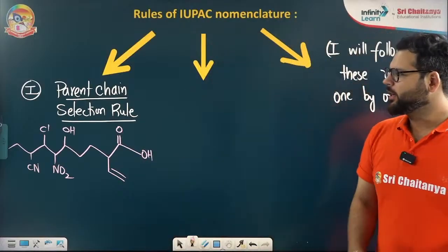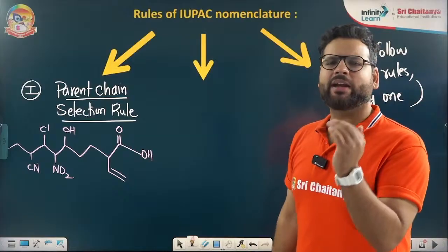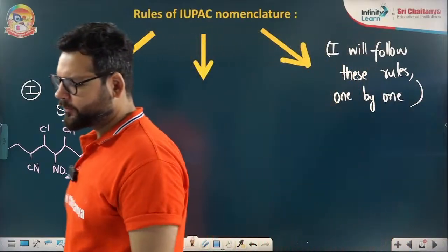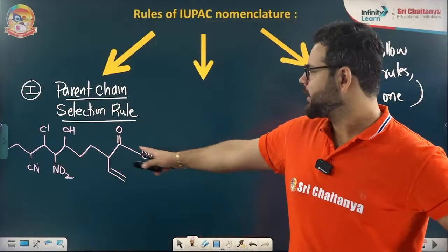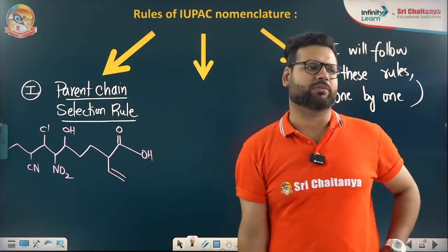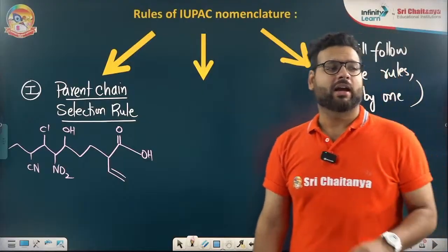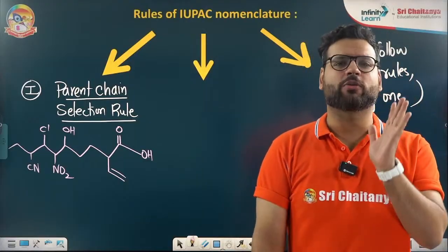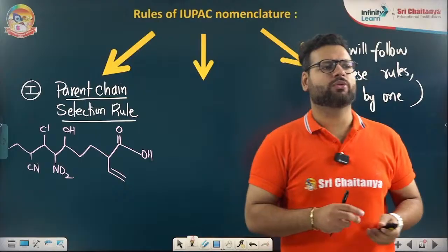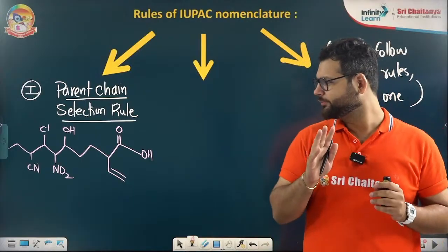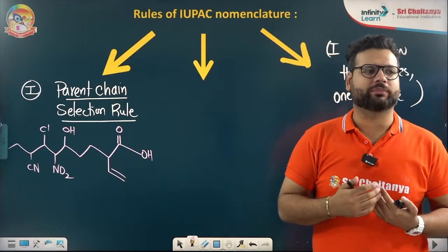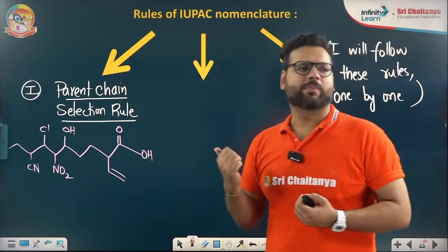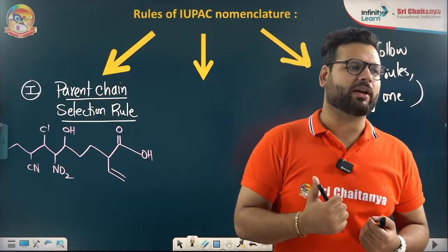If you have an idea of how to select the parent chain, tell me how many carbons will come in the parent chain of this compound. Think. I am asking a very good question where most of you might make a mistake.